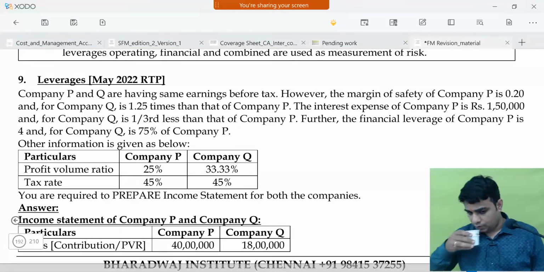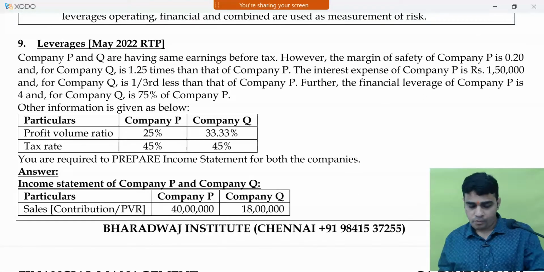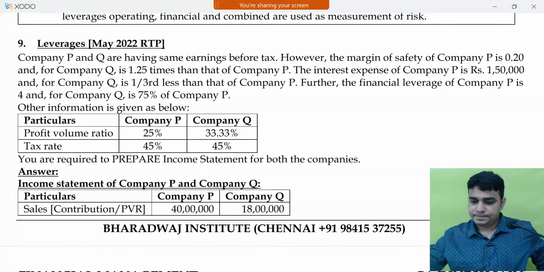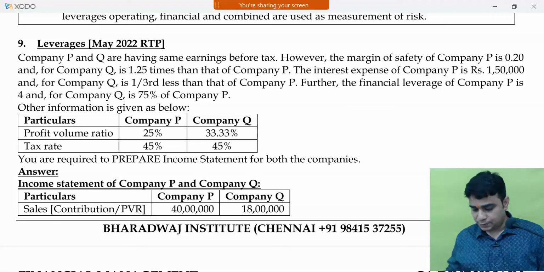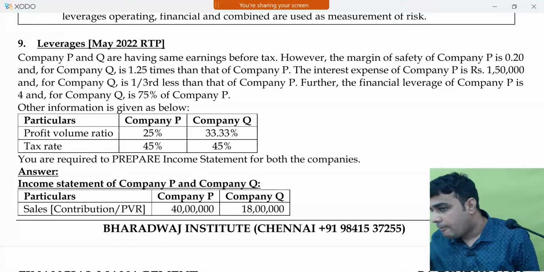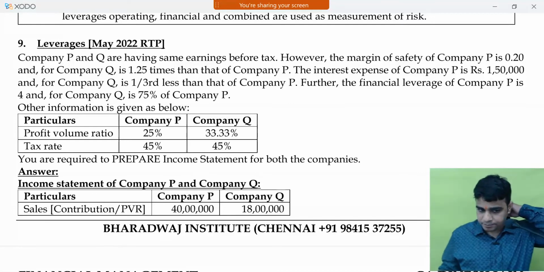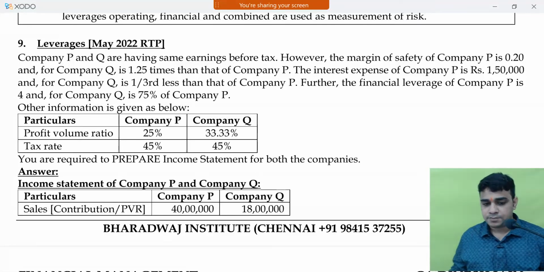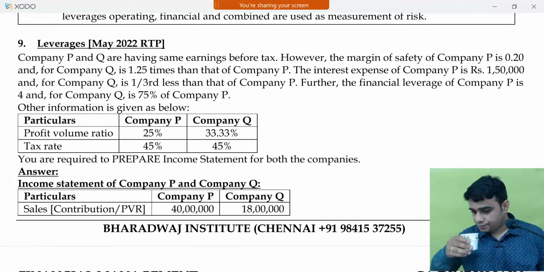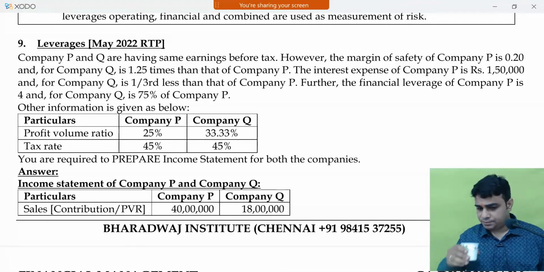Additional question. Question 9, page 192. Please go through this.